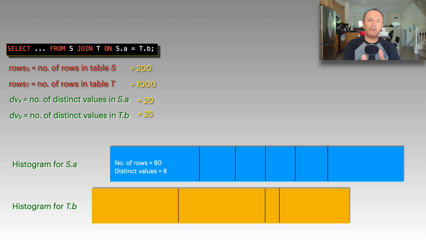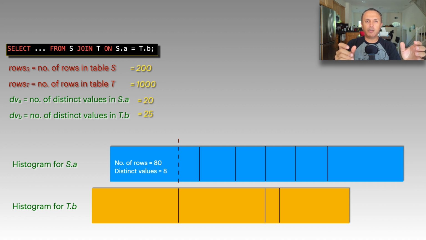By inserting new boundaries, we're going to split some of the existing buckets into multiple buckets. As an example, let's insert a boundary here corresponding to the one in T.B. So we're adding a boundary to the S.A histogram. Adding the boundary means splitting the first bucket into two buckets. As we split it, we also have to split the number of rows and the number of distinct values. And we're going to split them assuming that the data inside that bucket is uniform.